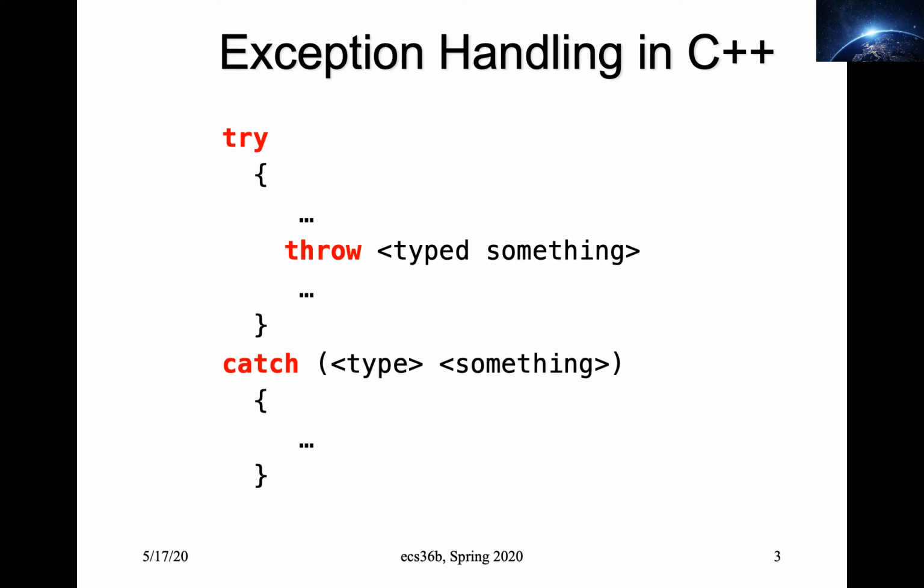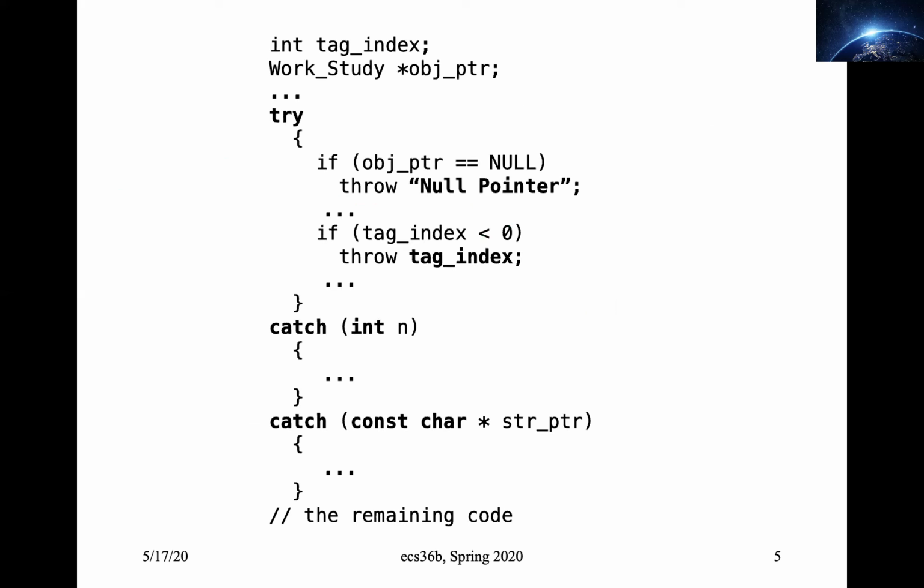We'll see those examples. The first example I want to show you is one where I have two different catch clauses for the same try. You can see that I have a try block. This is essentially a program I wrote for your homework assignment number 4. I try to look at different kinds of pointers and check whether the pointer is a null pointer or not.